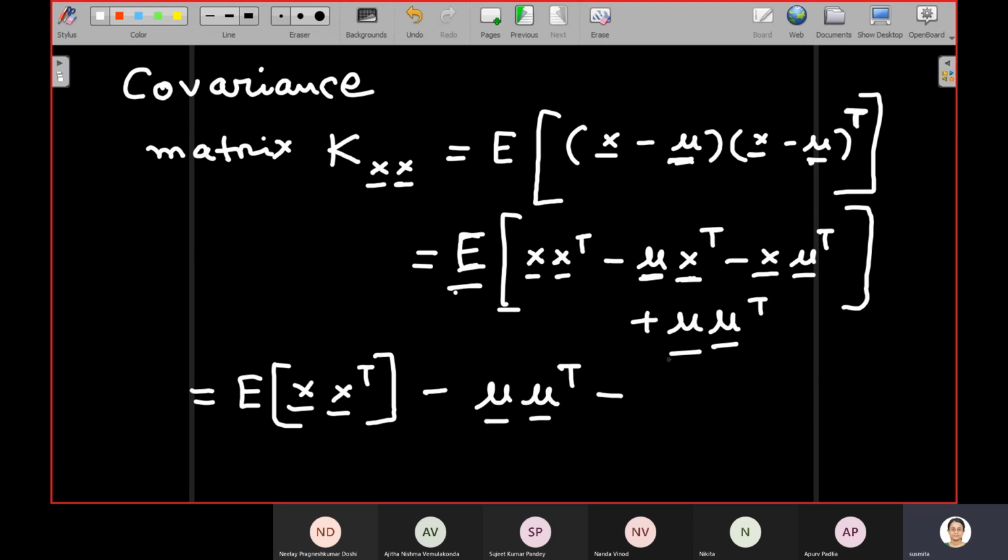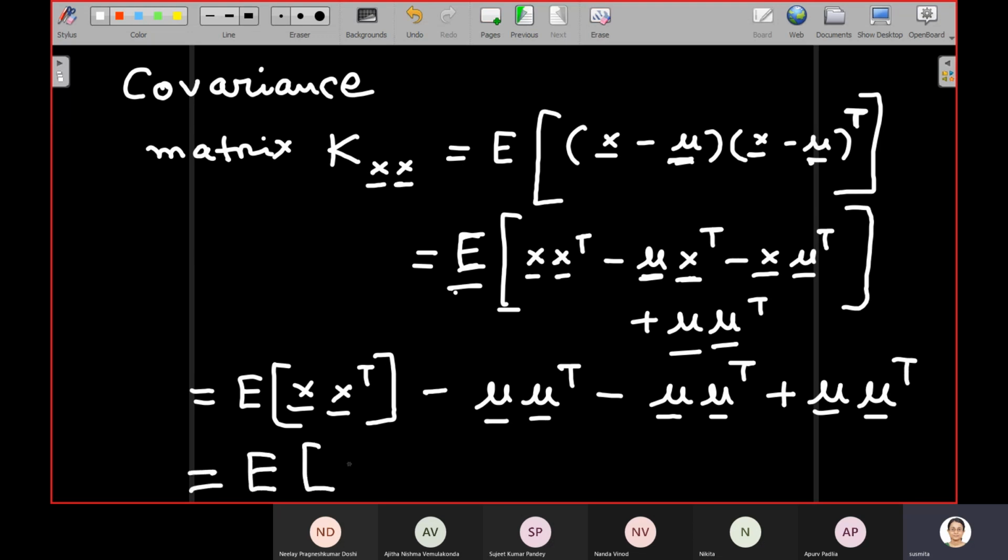Then similarly for the second term also we get mu mu transpose, and then we have plus mu mu transpose.